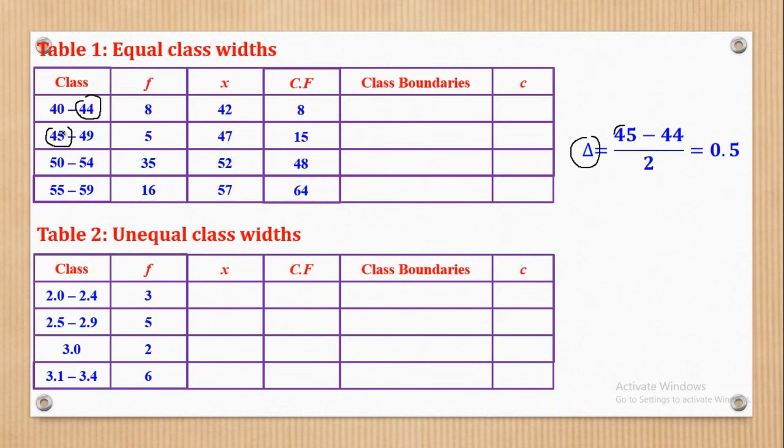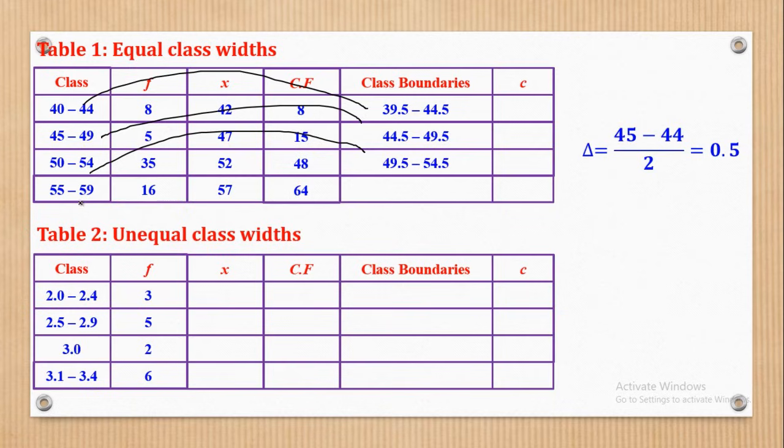So subtract these two, you come up with this numerator, then divide by 2, and you'll come up with delta as 0.5. Now when you get 0.5, that is what you subtract from this to get the lower class boundary and add to this to get the upper class boundary. So when you do that, for this it will be this, for this it is that, for this it will be that.